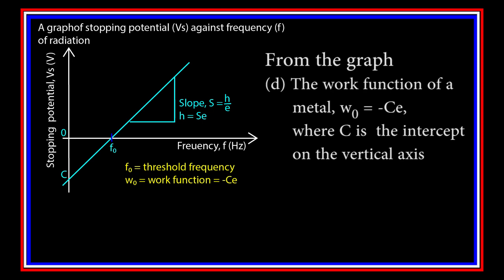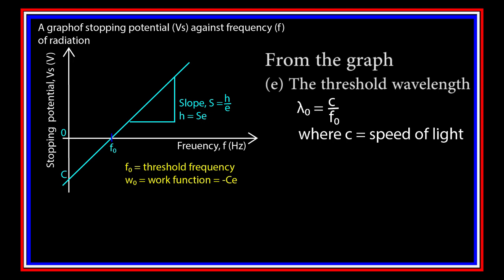D. The work function of a metal W0 is equal to negative C e, where C is the intercept on the vertical axis. E. The threshold wavelength lambda 0 is equal to c over f0, where c is the speed of light.